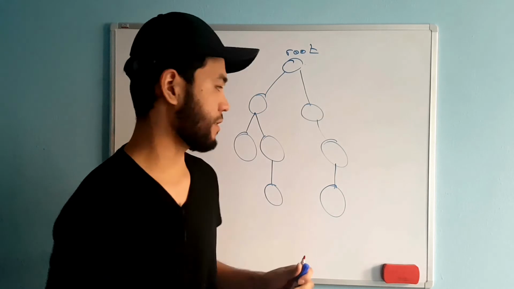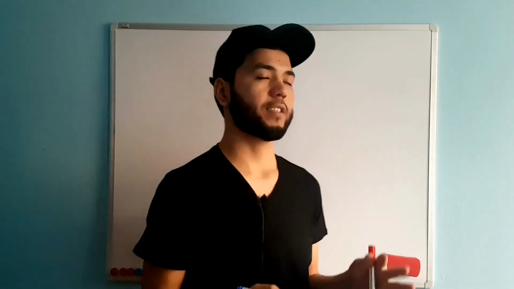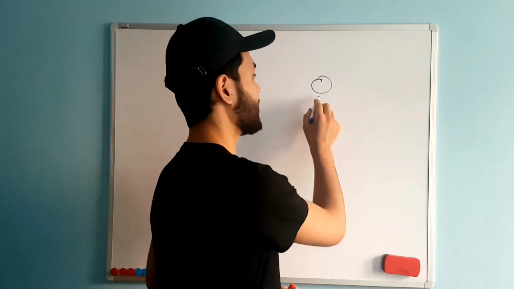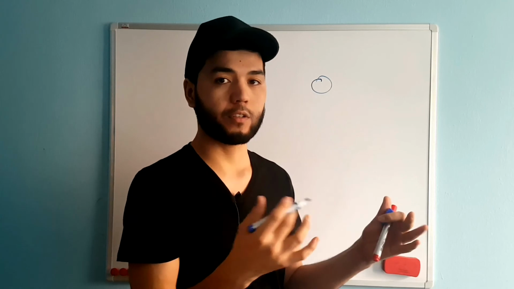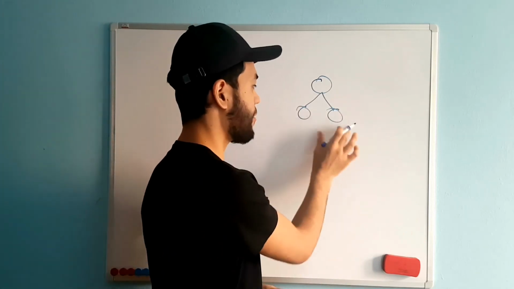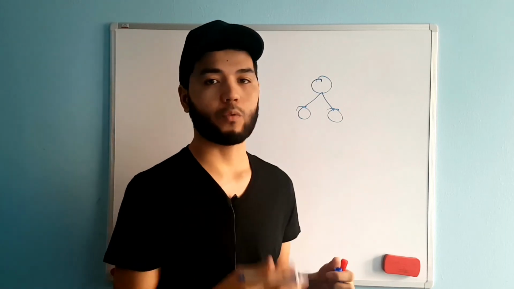The first type is the full binary tree. In a full binary tree we have a root node, and under it we have 2 children, or maybe we don't have any children. In a full binary tree it's impossible to have 1 child.